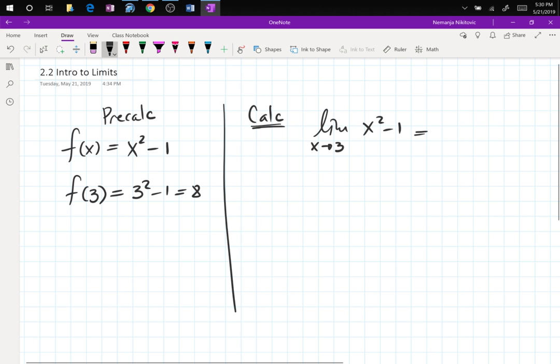Calculus is the study of change. Mathematics of change. So, as you are going somewhere, aren't you changing your position? Yeah, you're changing your position.